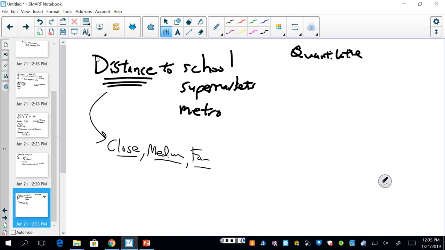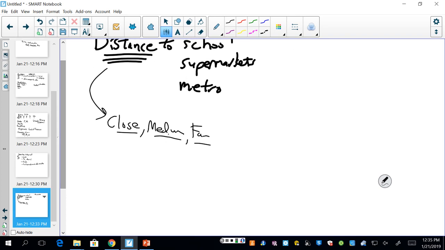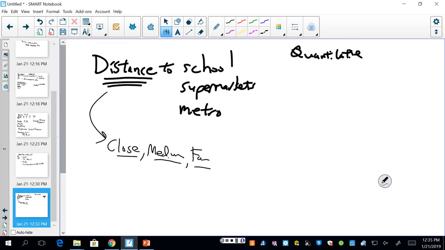If you wanted to say how many bedrooms and how many bathrooms, would that be qualitative because it's categorical? You'd say this is a 3-bedroom, 2-bath house. There gets to be a little fuzziness for things that are counts.